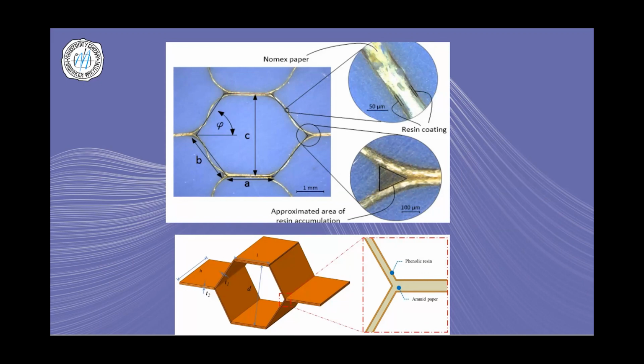And at the bottom you can see the CAD model of this particular approach that we are trying to suggest, where we are trying to model the complete structure cell by cell. You will see later in more detail the complete building block model like a composite plate that consists of the paper with its characteristics and the phenolic resin, like it was built in a real way.